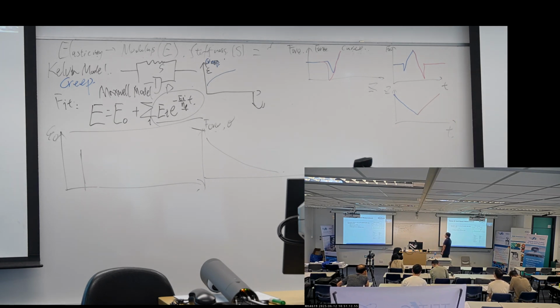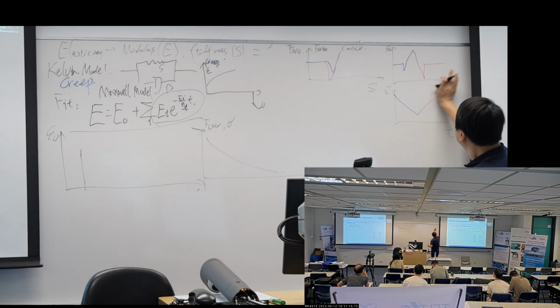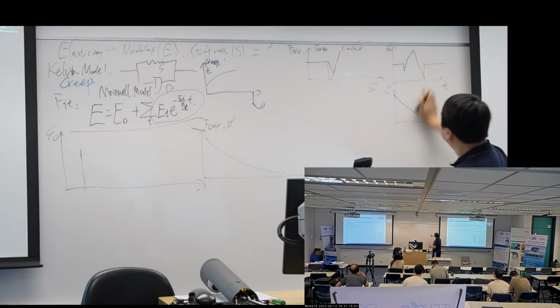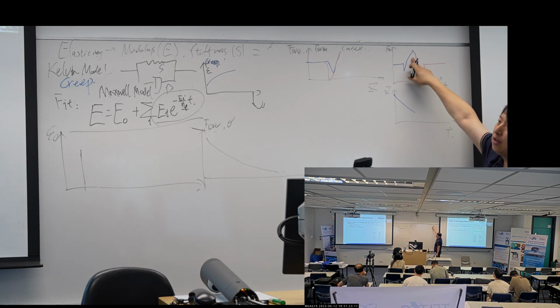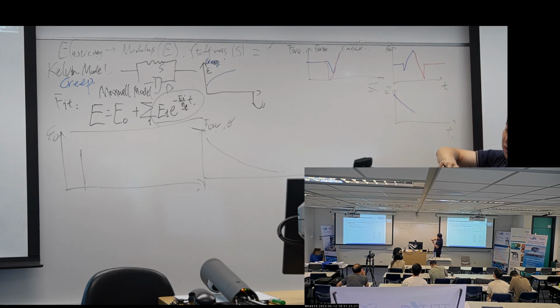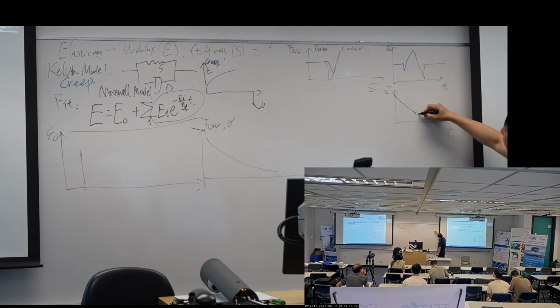So the AFM to decide, let's do this way. Once I reach the maximum force, I let the Z stay on this height for a while. And then I lift up.